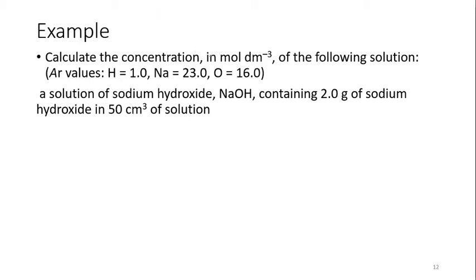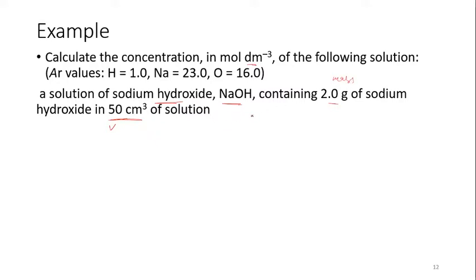Calculate the concentration in mole per cubic decimeter of the following solution. A solution of sodium hydroxide, NaOH, containing 2 grams of sodium hydroxide in 50 cubic centimeter of solution.